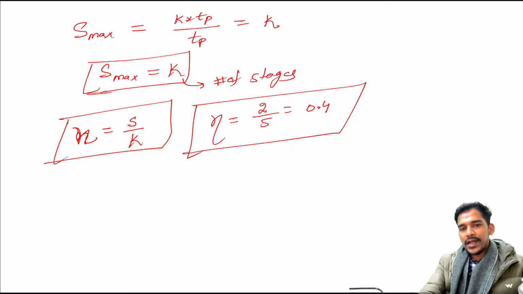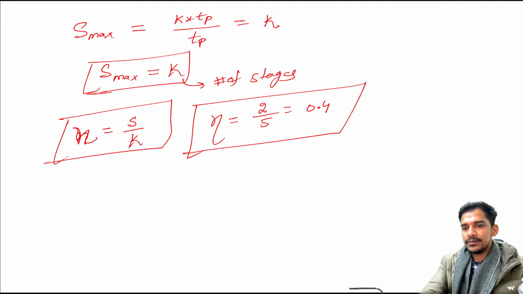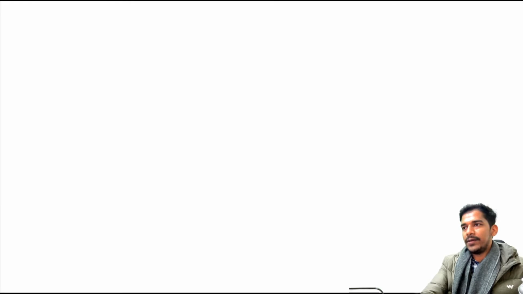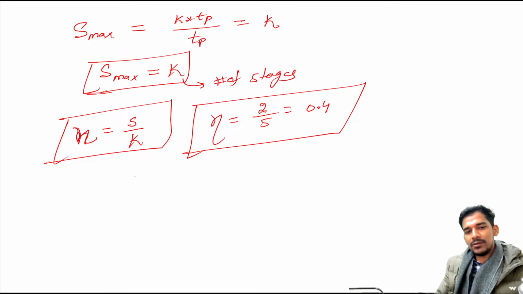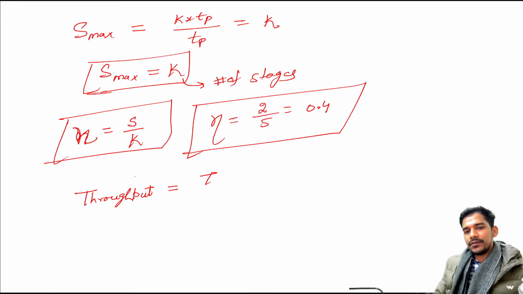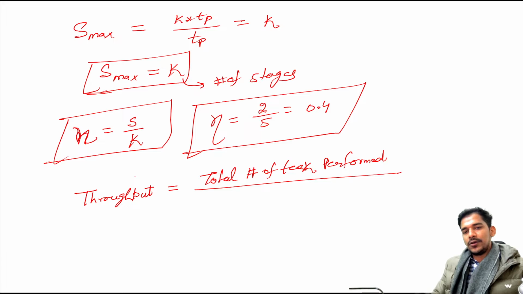So throughput, I do not need to tell you much. Throughput is simply the number of tasks executed per unit time. It will help you because there are 1 or 2 questions on throughput as well in GATE computer science. So throughput is nothing but the total number of tasks performed divided by the total time taken to perform these tasks.